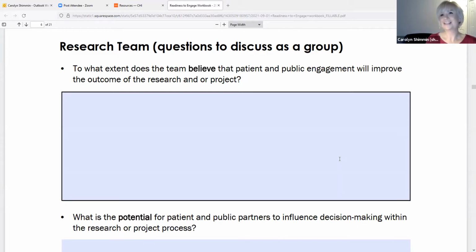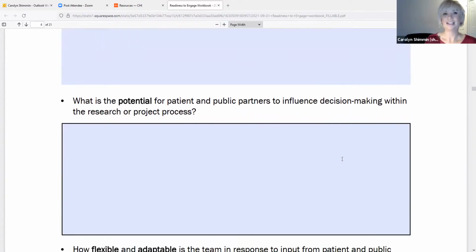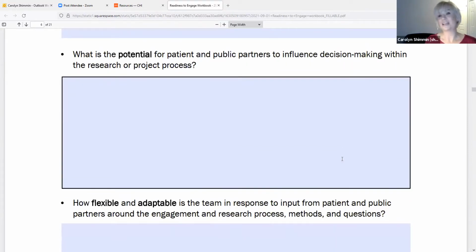This is really a good heart-to-heart to have amongst your team to really understand where you lie. Do you believe that this can really impact and improve the outcome of the research process, or are you still kind of unsure about it? What is the potential for patient and public partners to influence decision-making within the research process?